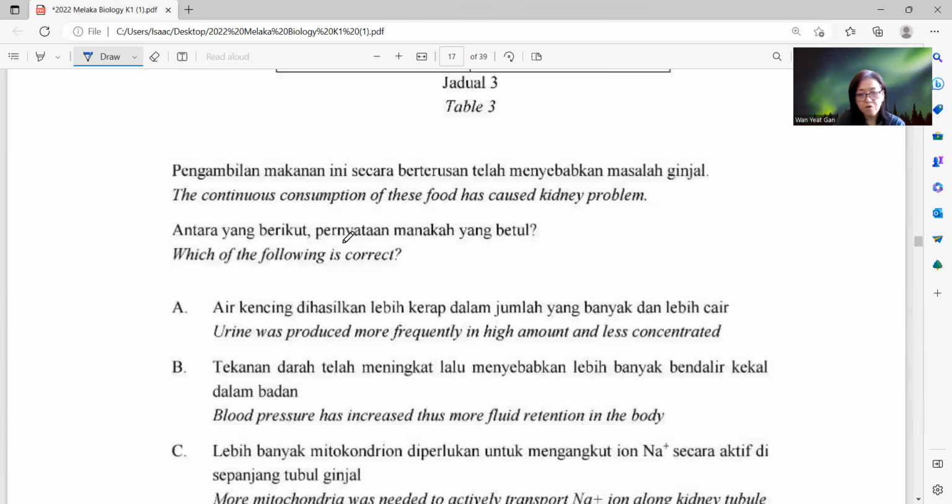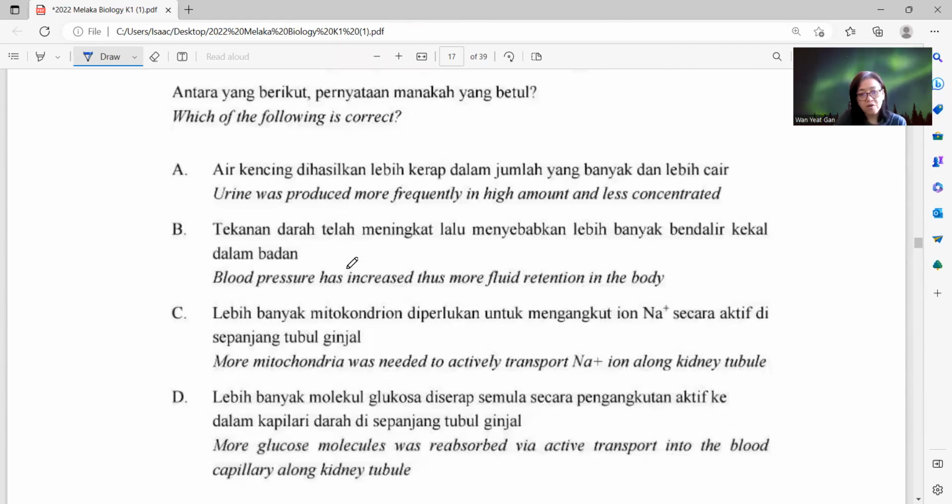So the effect of salt content on the blood is it will increase blood osmotic pressure, and therefore when there's higher blood pressure, it will also have more fluid retention in the body.